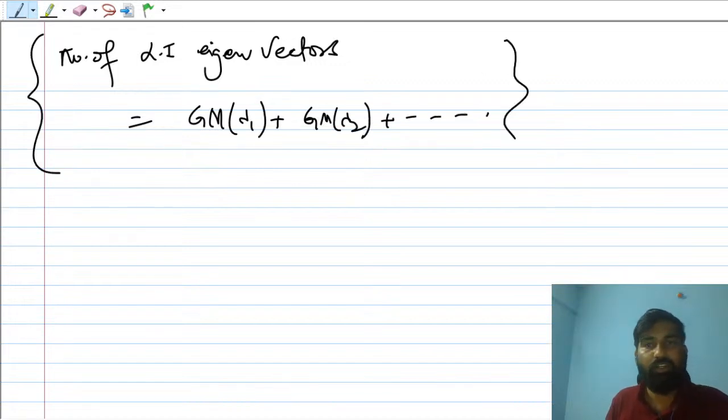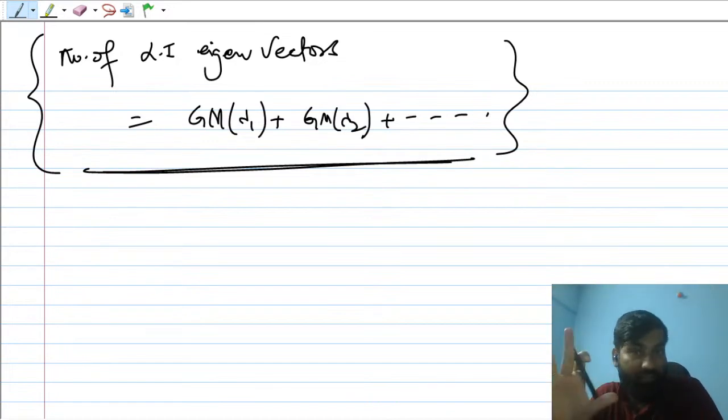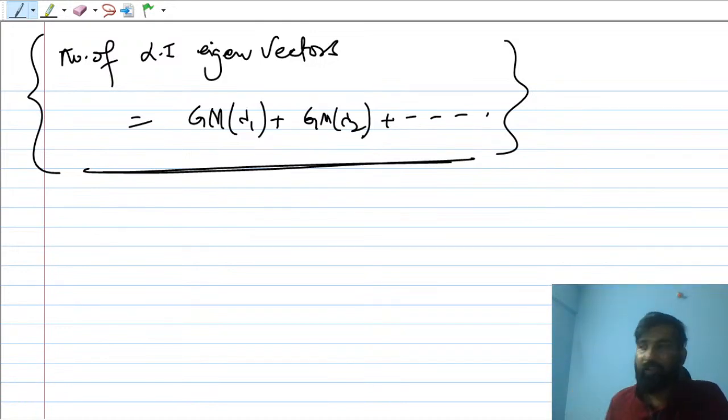This is the very important definition that you have. I believe this is fine for everyone. So if all eigenvalues are distinct, their AM will be 1 and the corresponding GM will be 1 here, right? That you have to keep in mind.